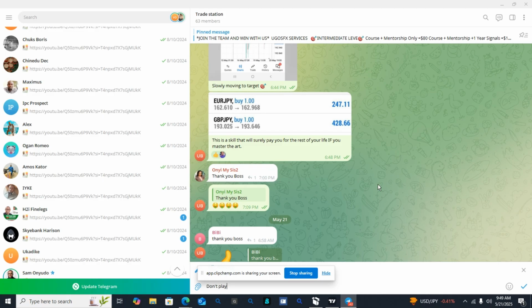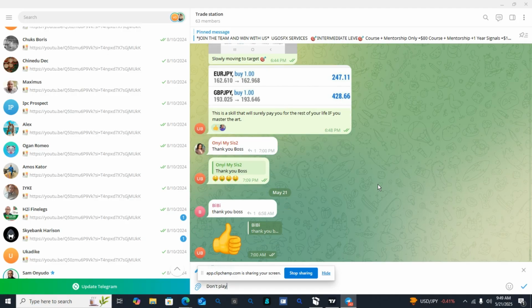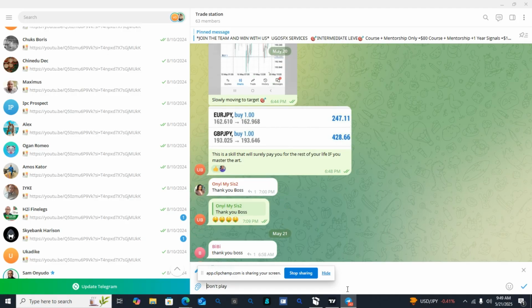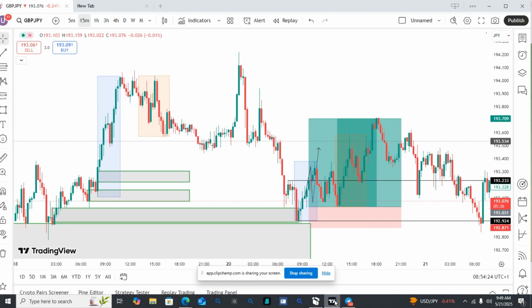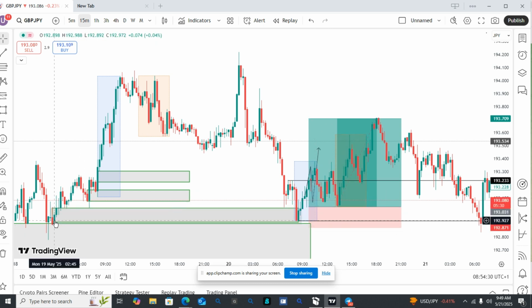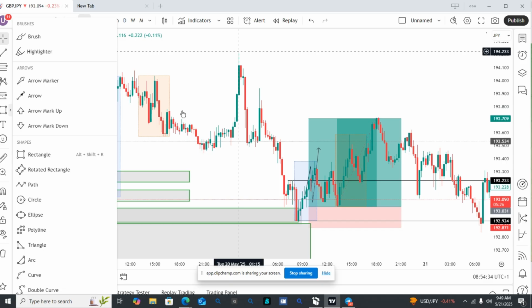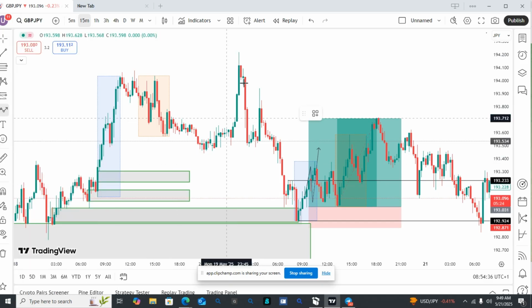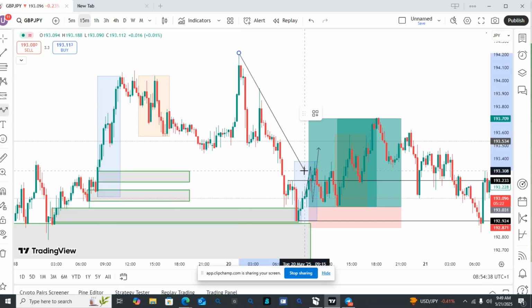And in my paid Telegram channel, when this price entered this zone, the motivation behind this entry was this order block. Immediately price fell to this order block.